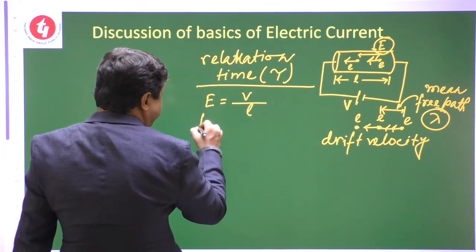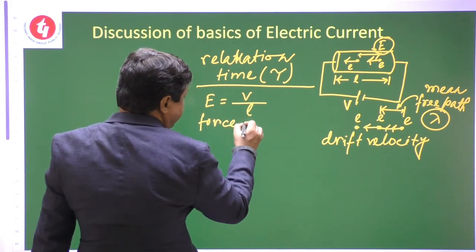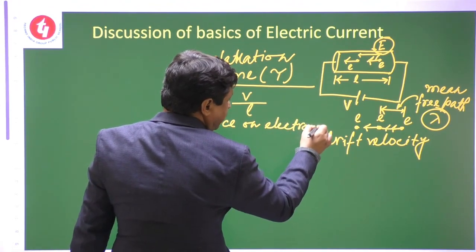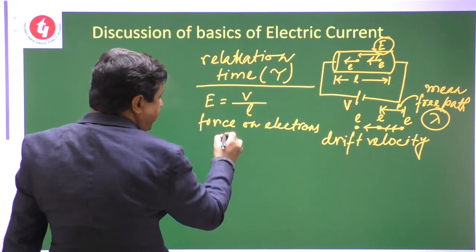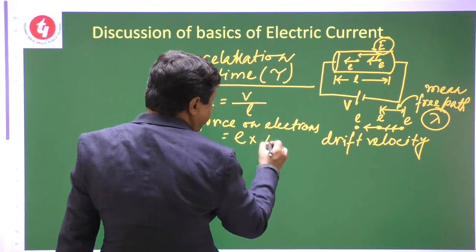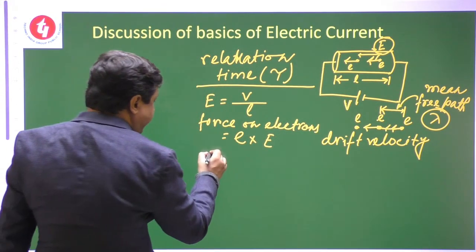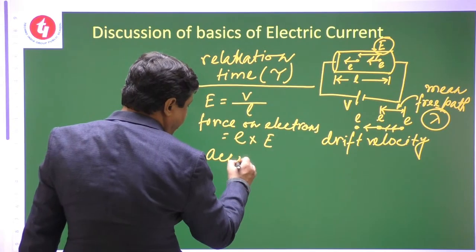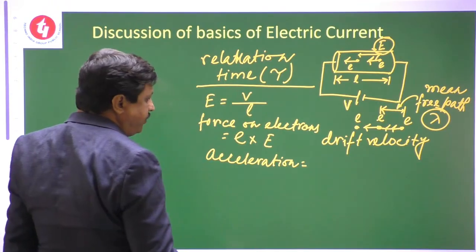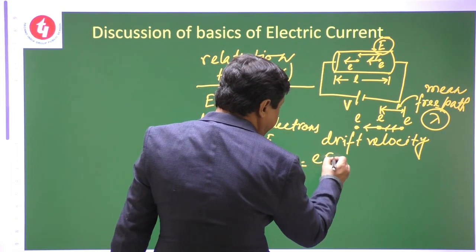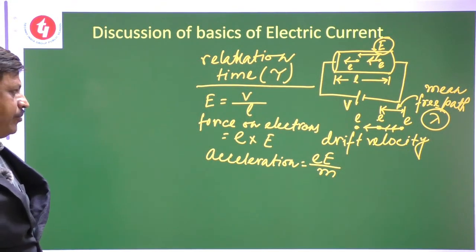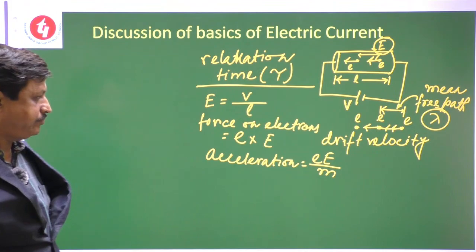So the electric field is V by L, and the force on an electron is Q into E. Here Q is e, the charge of an electron, into capital E. So acceleration will be eE by m.